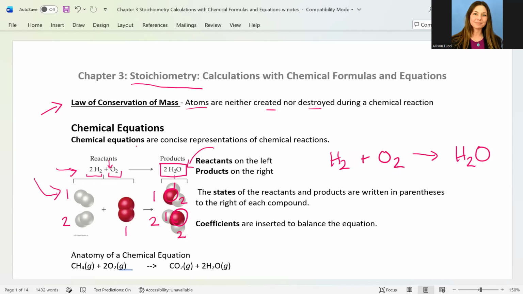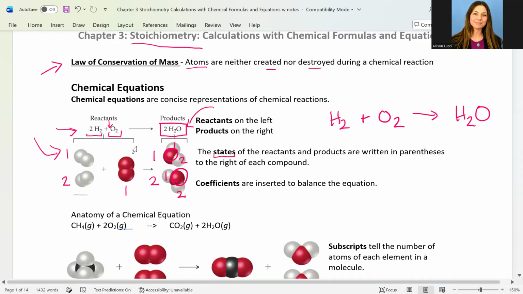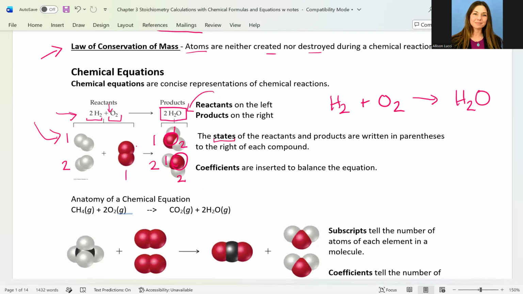The states of our reactants are generally written in parentheses to the left of our compound. So we can see that down here in this reaction of methane with 2 moles of oxygen. So that's what that 2 implies there. We have the state. So these are all gaseous state, both the reactants and both the products over here.